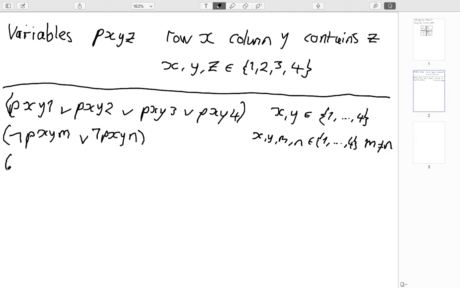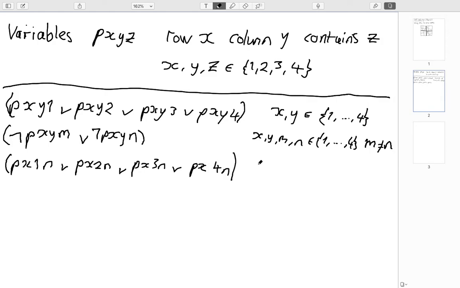So we can say that by, for every row x and number n, saying that either p x 1 n, so either the cell in column 1 in row x has value n, or the cell in column 2 in row x has value n, so p x 2 n, or the cell in column 3 has value n, so p x 3 n, or the cell in column 4 has value n, so p x 4 n.